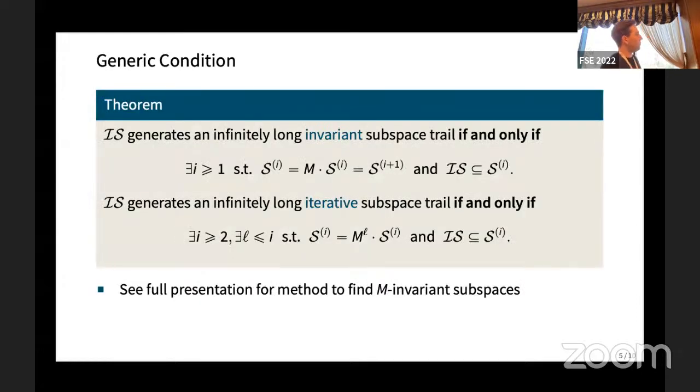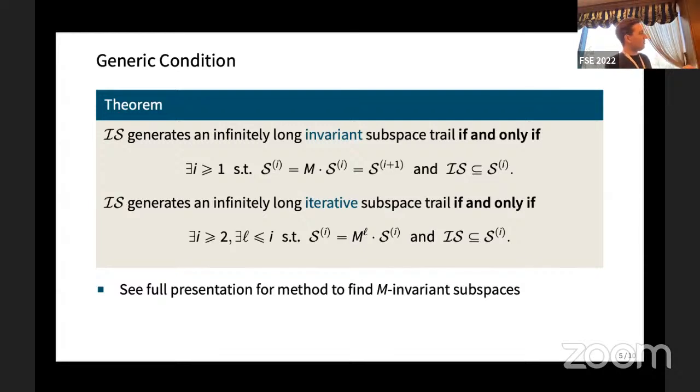More generally, if we have some input subspace which does not activate any Sboxes, so which has zeros at these Sbox positions, and which is M-invariant, so which doesn't change via the linear layer or the matrix multiplication, then this subspace generates an infinitely long invariant subspace trail.